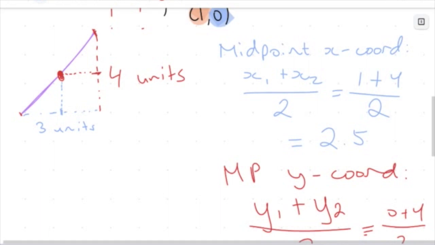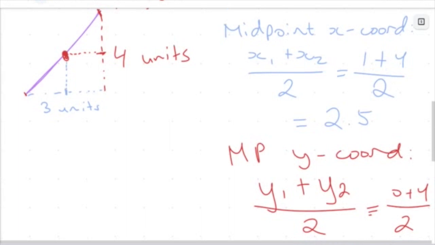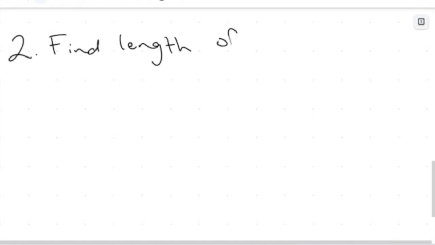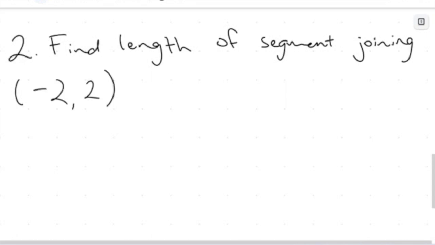Now let's talk about the length of segments. So let's look at, okay, find the length of the segment joining the points -2, 2 and 4, -1.